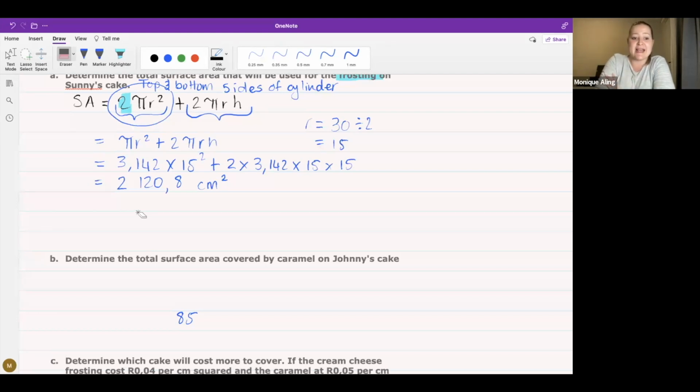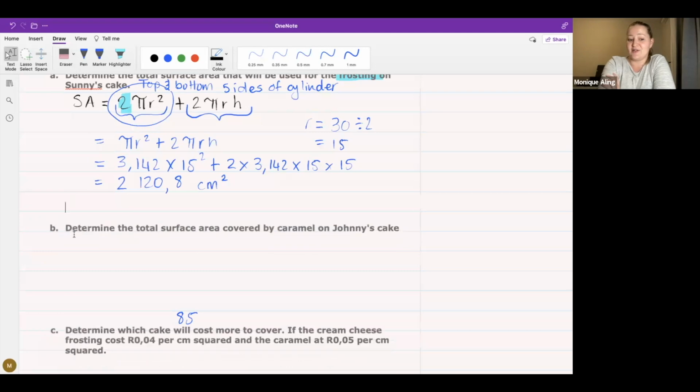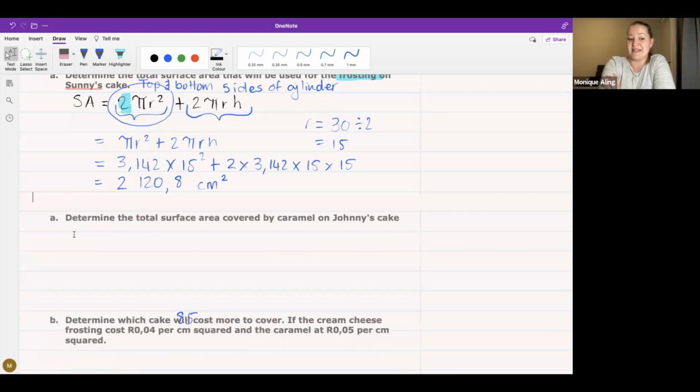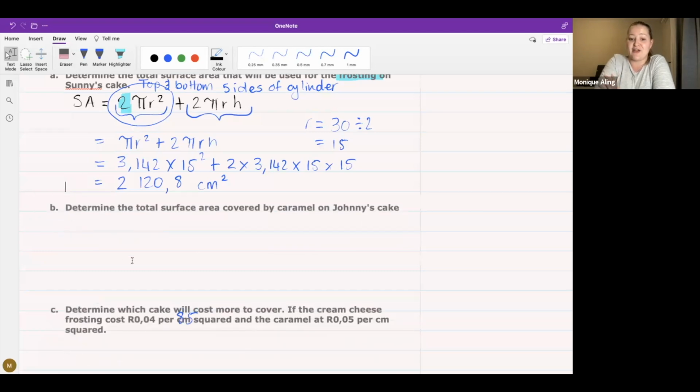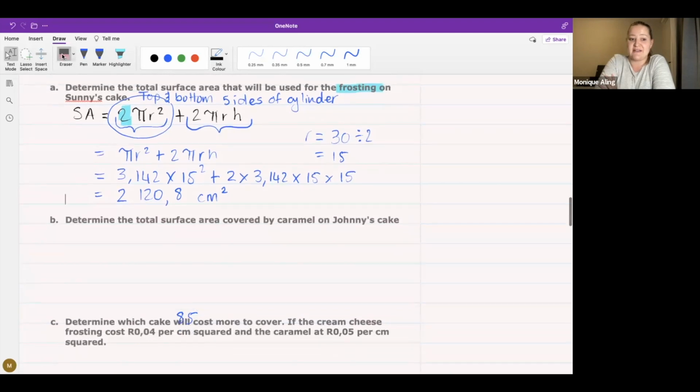So now Johnny's cake is the square cake. And again, we're looking at the icing. So we are missing a side to our rectangular prism. What side are we missing? The bottom.